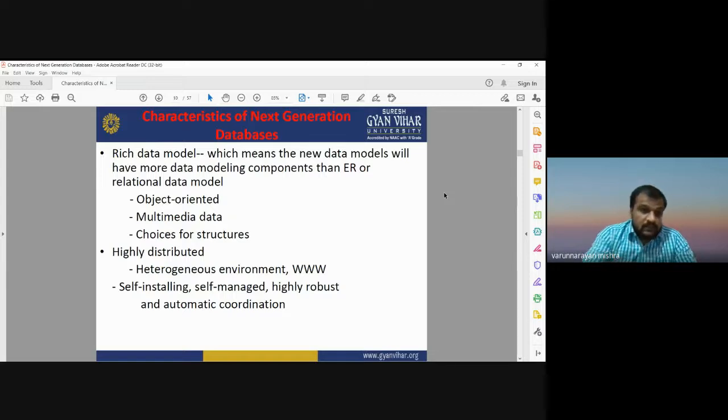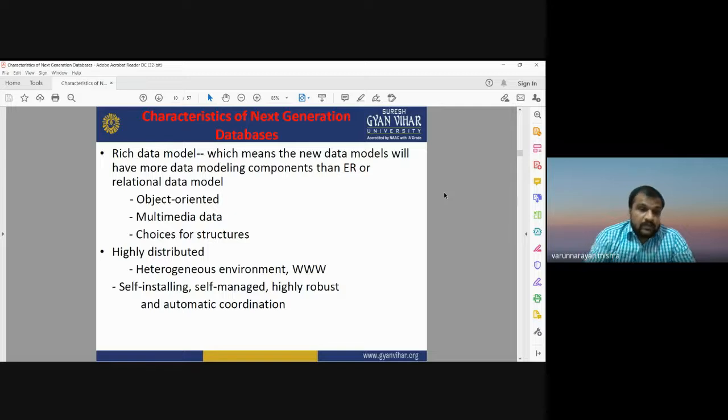For example, object oriented databases and multimedia databases, where we have some choice for the structure and design of our database. The next generation databases should be highly distributed, with a heterogeneous environment, and should have self-installing, self-managed, and highly robust capabilities.